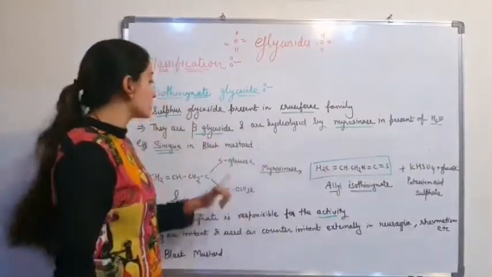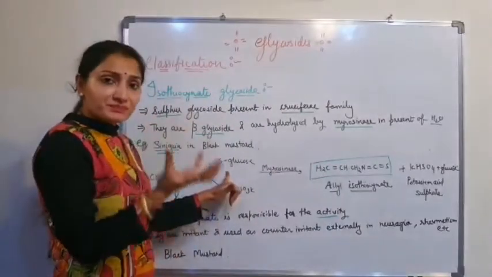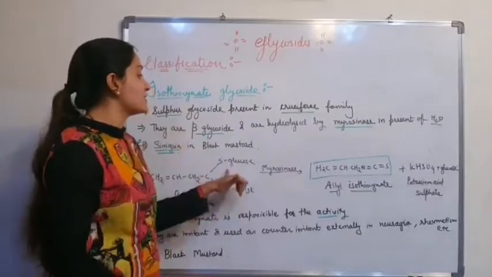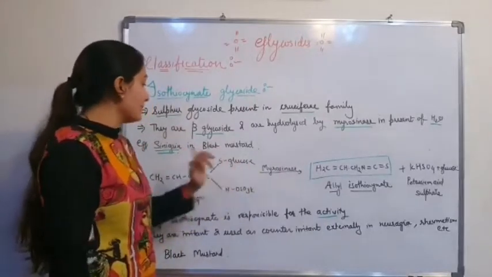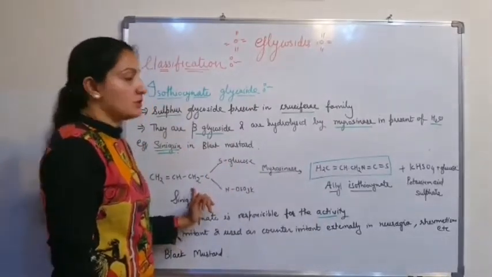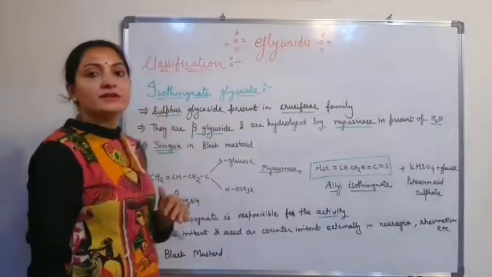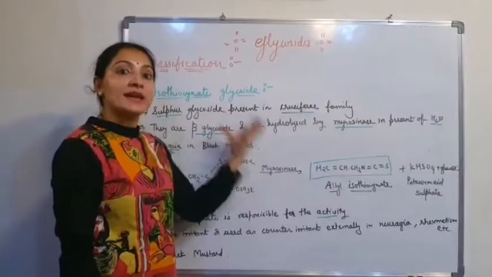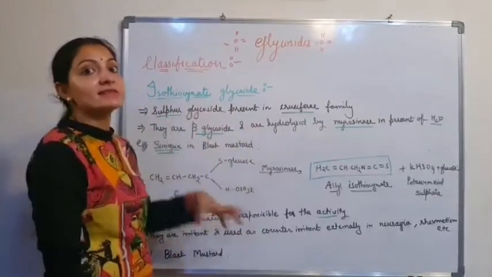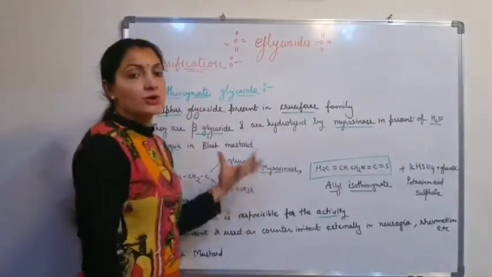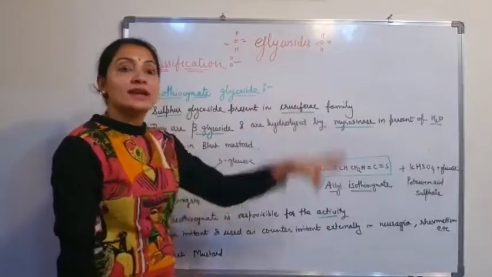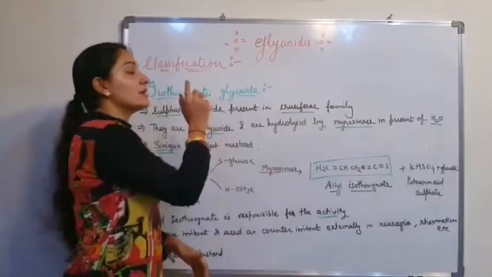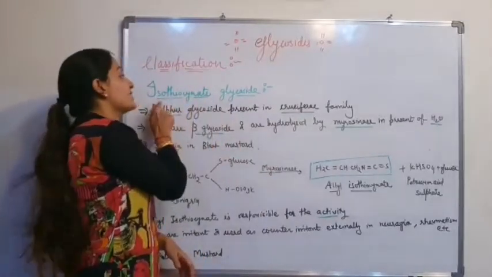The sulfur-containing constituent comes in the class of isothiocyanate, and by hydrolysis it gives allyl isothiocyanate, which has the medicinal activity, so this glycoside is named isothiocyanate.